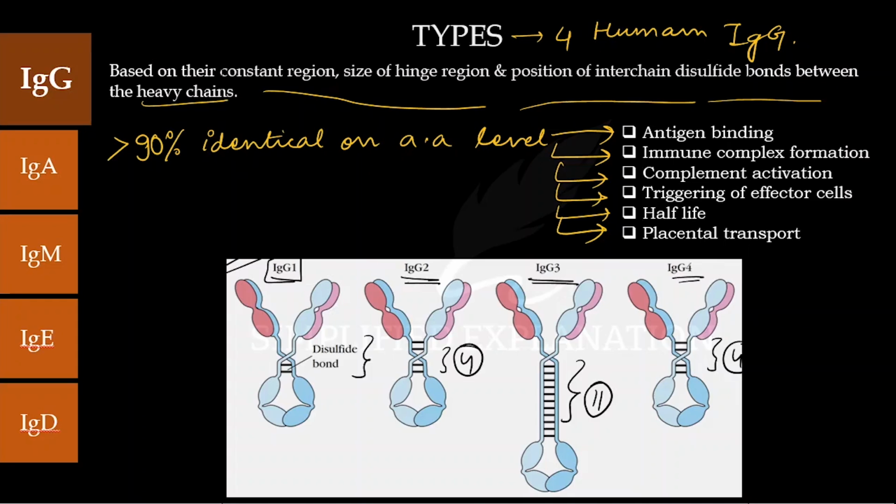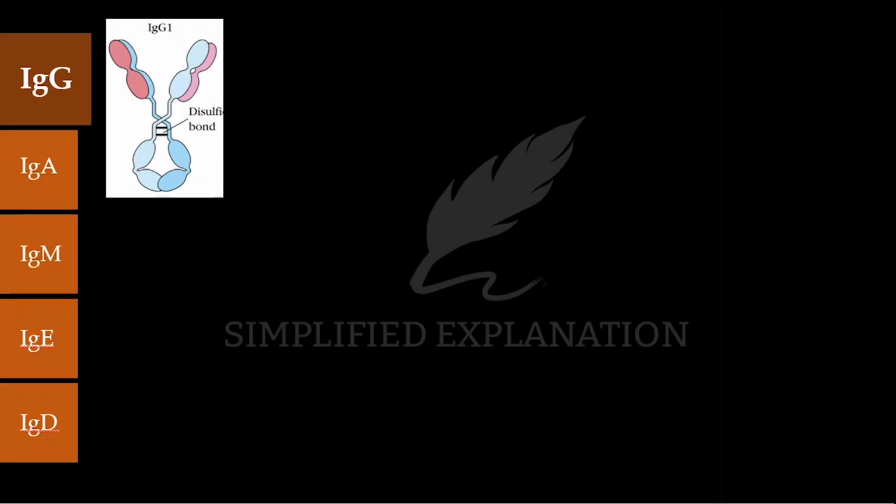So next, let's move to the first type of IgG, that is IgG1. As I have told you, they are numbered according to the decreasing average serum concentration.